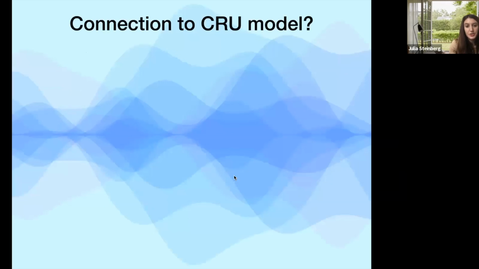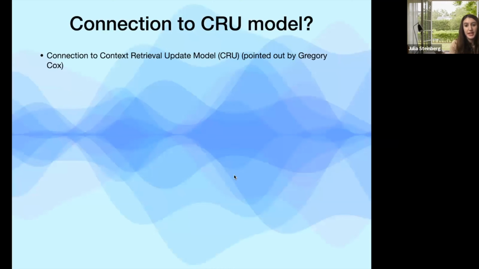So there was also a mention to me recently at a psychology conference that I attended, that there might be a connection from this sequence model that I proposed to this context retrieval update model. So this was first discussed by basically thinking of a sequence as a word, and the letters in that word, so typing those letters is basically kind of decoding the sequence.